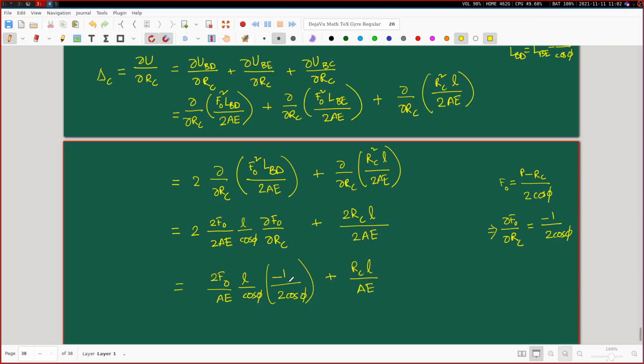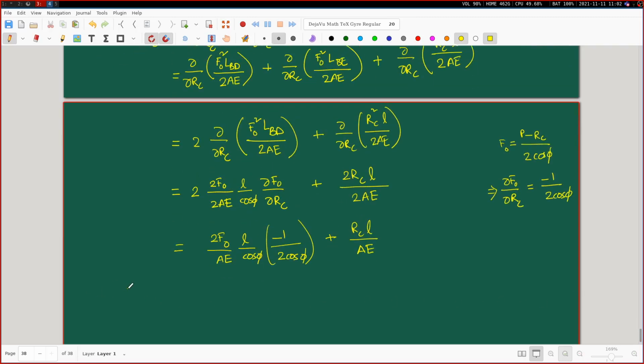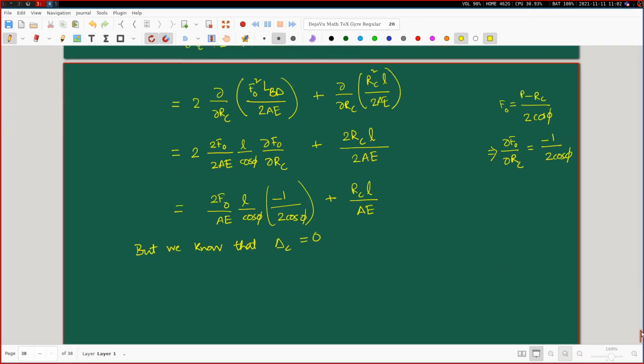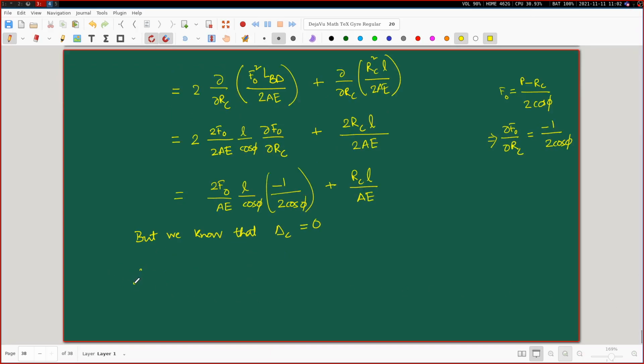All right, so this is the expression for the delta C. But we know that delta C is equal to 0. Therefore, this entire expression that we have just obtained is going to be equal to 0.